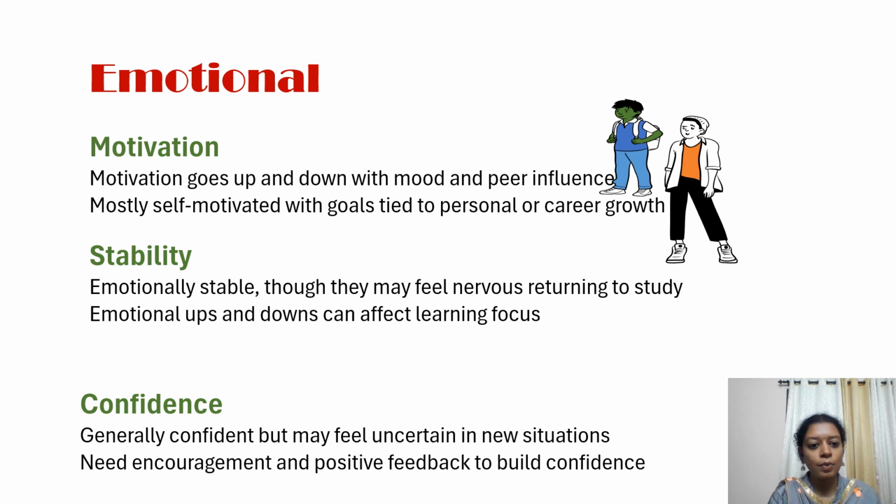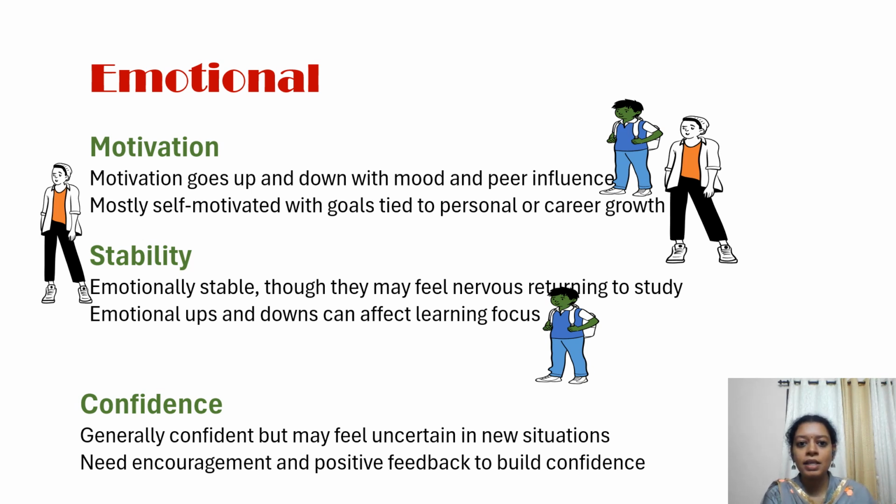And the next point is about stability. The first, that is emotionally stable. Who is emotionally stable? Though they may feel nervous returning to study. But the second point is emotional ups and downs can affect learning focus. That we already discussed, right? The emotional ups and downs can affect learning focus in adolescent, and the other one is adult.